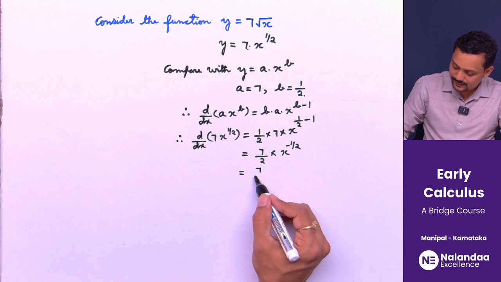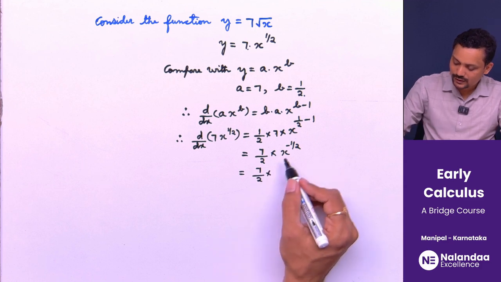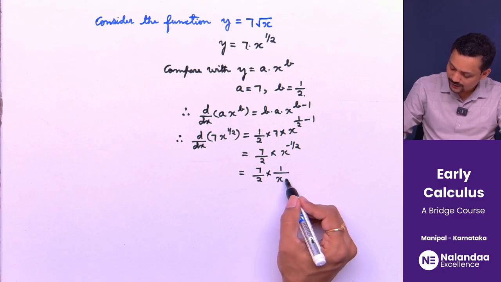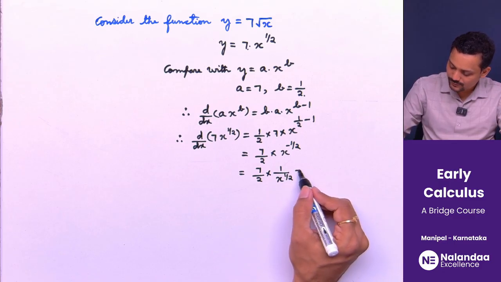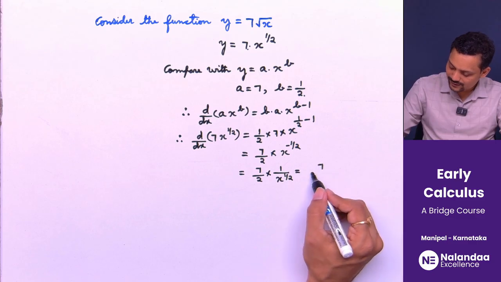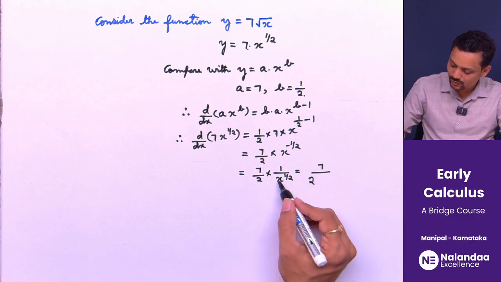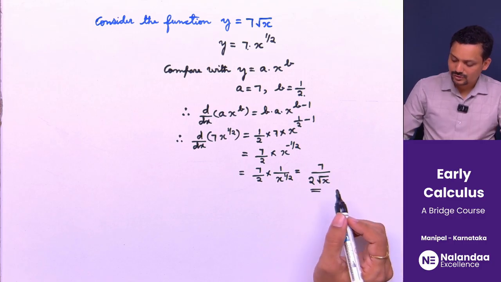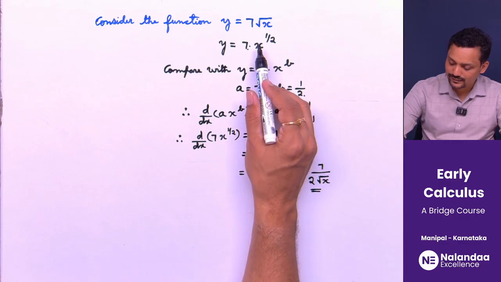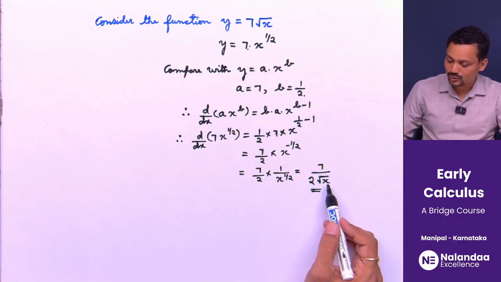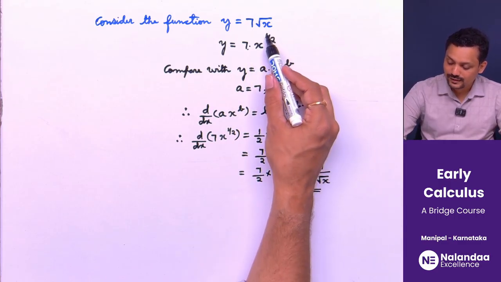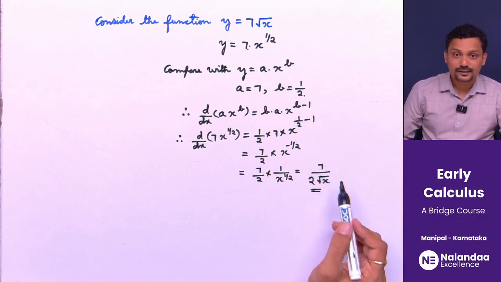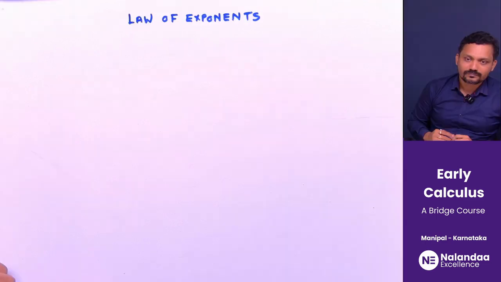So this is 7 by 2 into, now x power minus 1 by 2 can be written as 1 by x power 1 by 2. This is equal to 7 divided by 2 into x power 1 by 2 can be written as root x. So the derivative of 7 root x is 7 by 2 root x. So when there is a fractional power, the same rule can be applied to get the derivatives of functions.